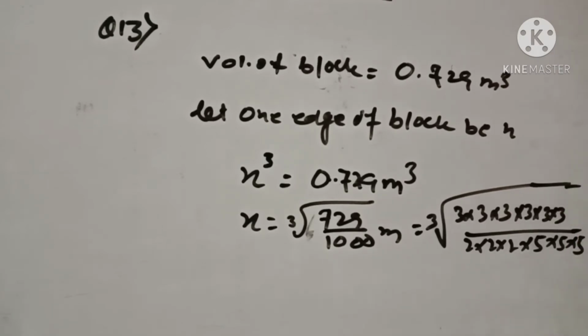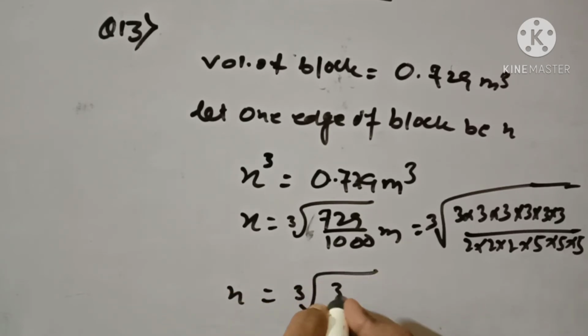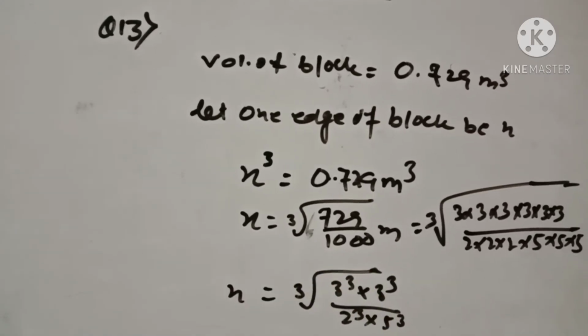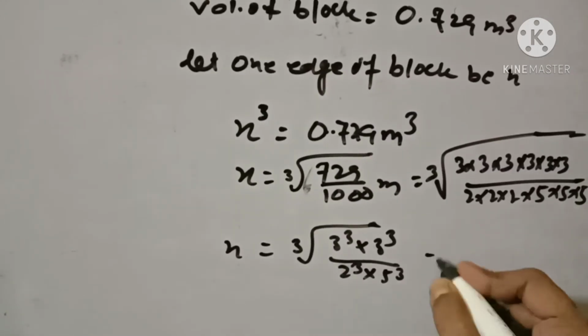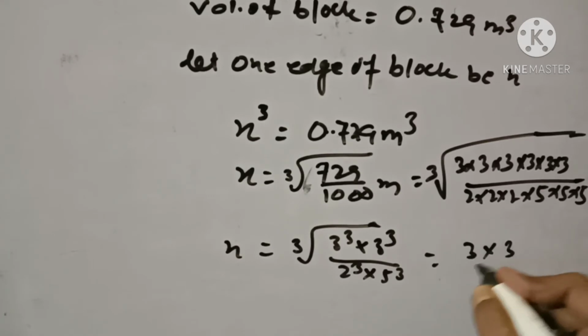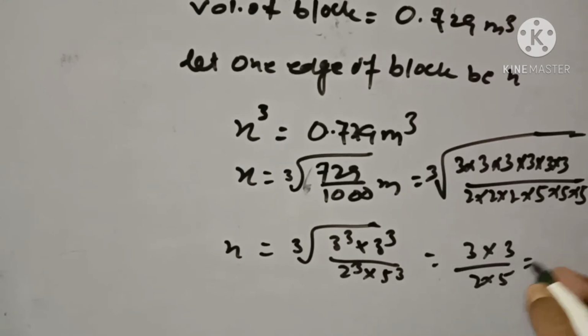So I can write x equal to cube root of 3 cube into 3 cube over 2 cube into 5 cube. Removing the cube, it will become 3 into 3 by 2 into 5, that is 9 by 10 equal to 0.9 meter. This is our required answer.